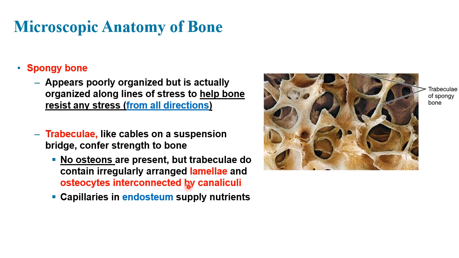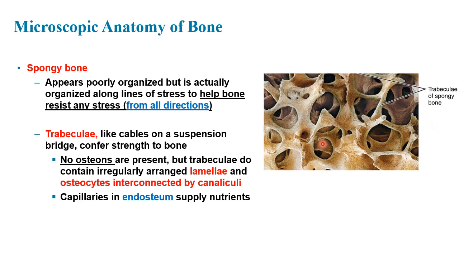You also see some lamella. You also see osteocytes communicating by canaliculi, extensions that go through the canaliculi. But there's no real functional unit like the osteon. There's no osteon there. So remember, because that's one important difference between the two types of bones.